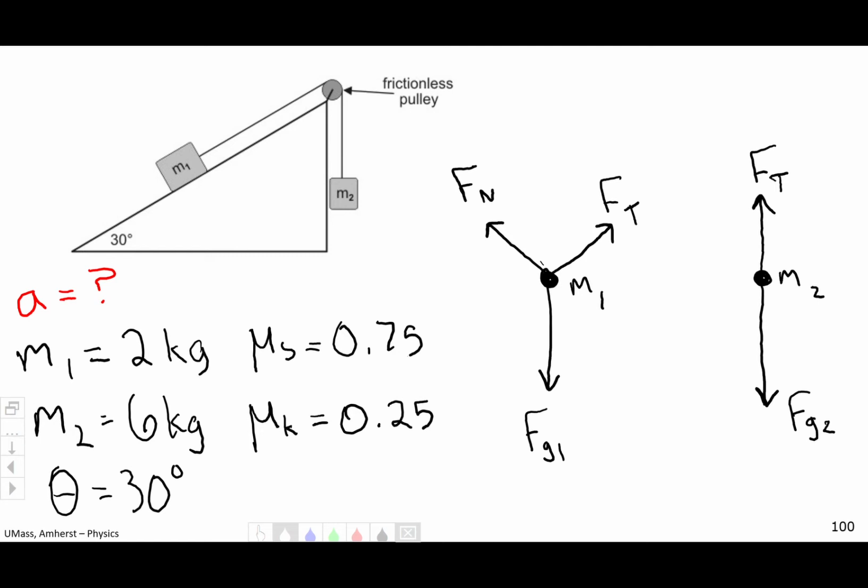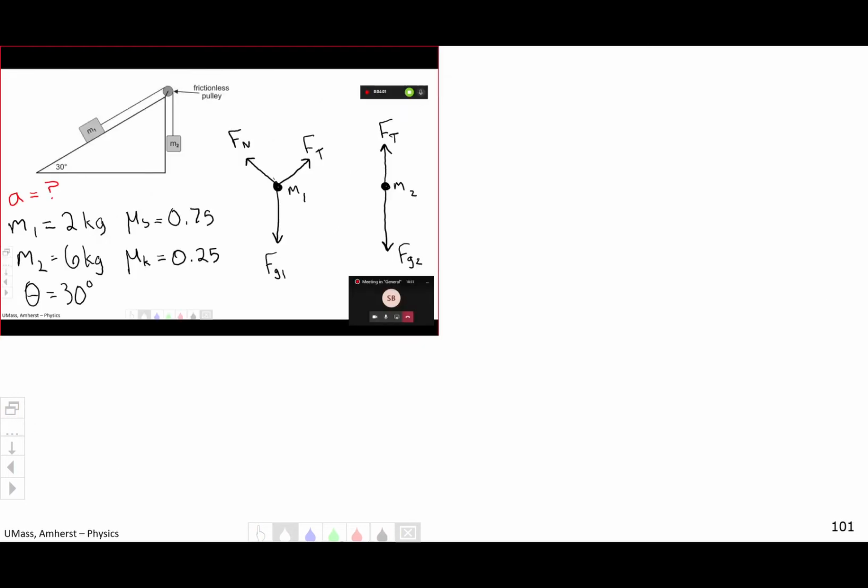Our next step is going to be to draw our extended diagram, right? Our little boxes inside of a dotted box. So we're going to have our box here, and here's our mass 1, and here's our mass 2.